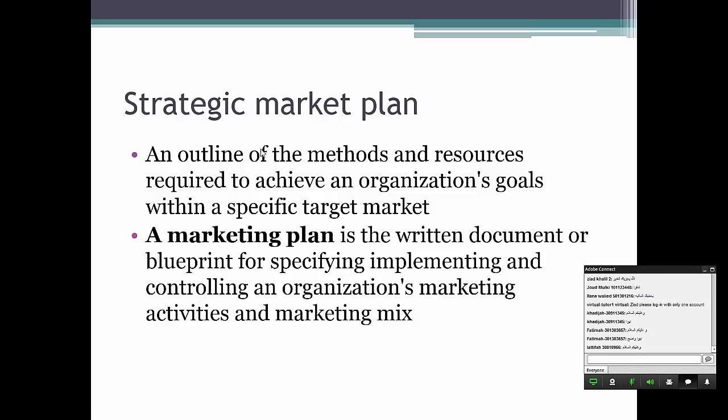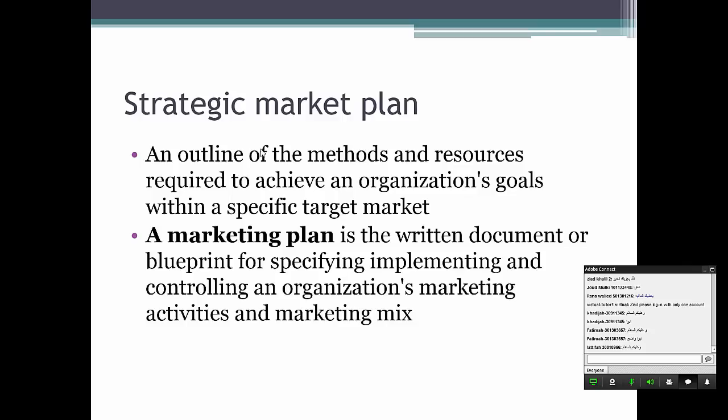If you have a new business, you need to make the marketing plan and make it as a blueprint, as a roadmap for your activities in the business.